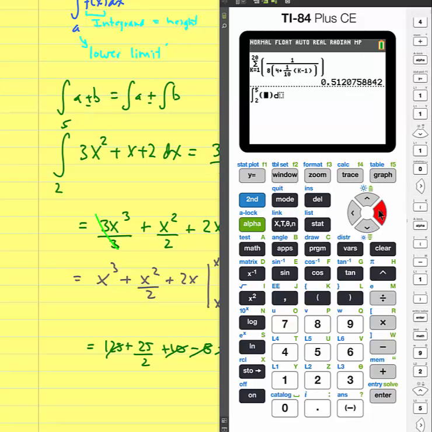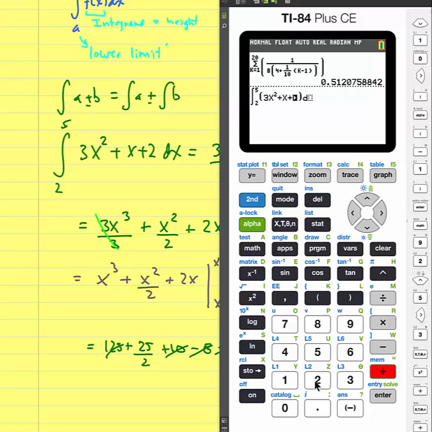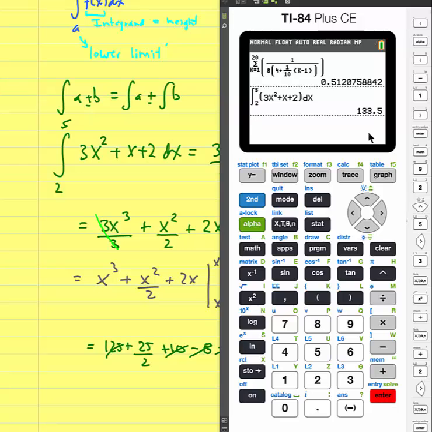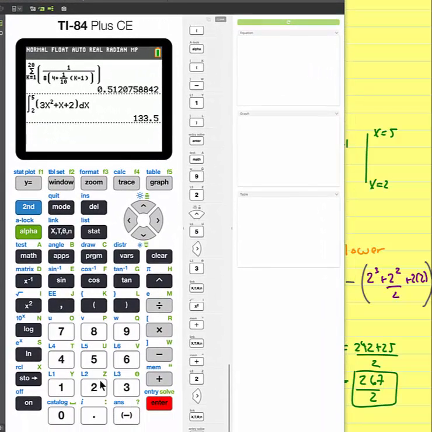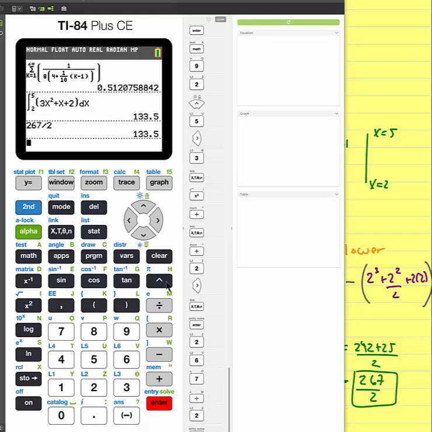And then we put our integrand in here, so that's 3x squared plus x plus 2. And then you have to tell it with the width that we're looking at, what variable, and that's dx. So there's an example, and we get 133.5, and I think if we divided out what we got, 267 over 2, we get 133.5. So you can see that that checks.